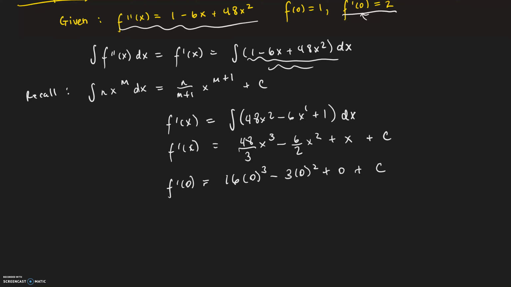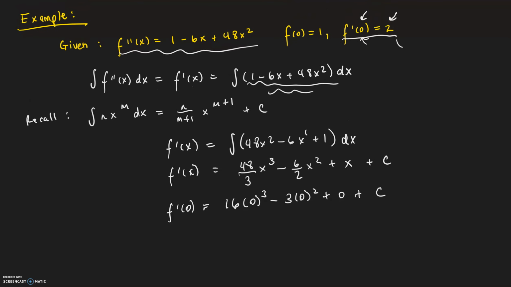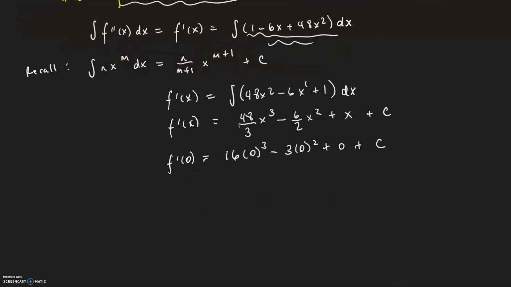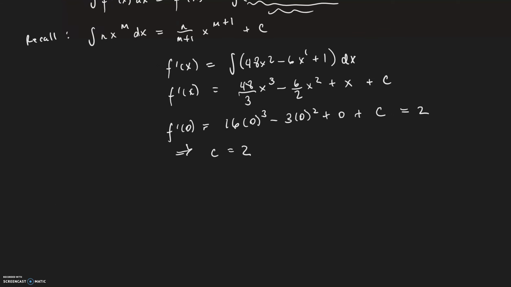And all of that, of course, is going to be equal to 2. So we're setting all of this equal to 2, right? So that's telling us that c is equal to 2 for this case.